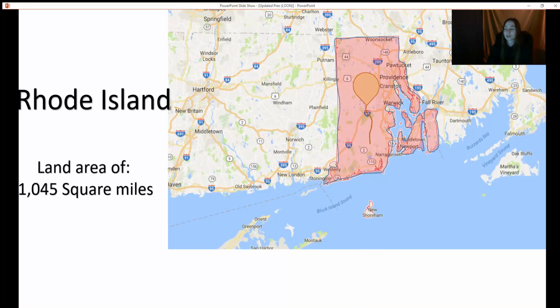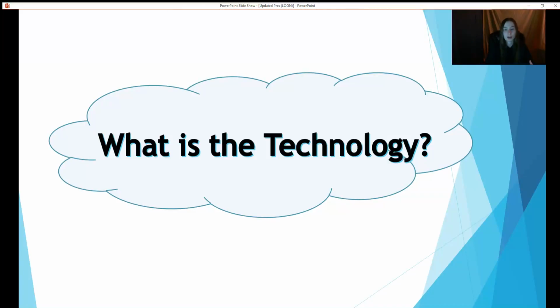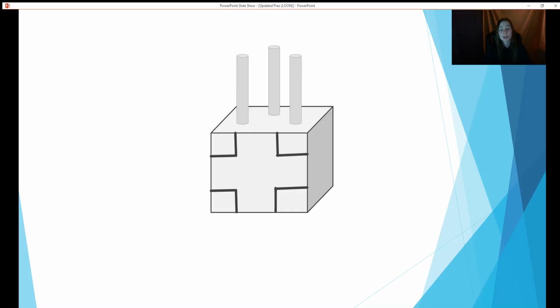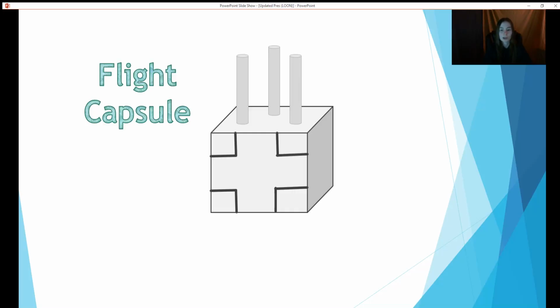So what is this technology? What is the hardware, and how does it work and run? Here we have the larger balloon, and down at the bottom is the hardware we're going to be talking about. This is the flight capsule, the brains of the system. It allows for control of the balloon, like moving it up into different wind streams.